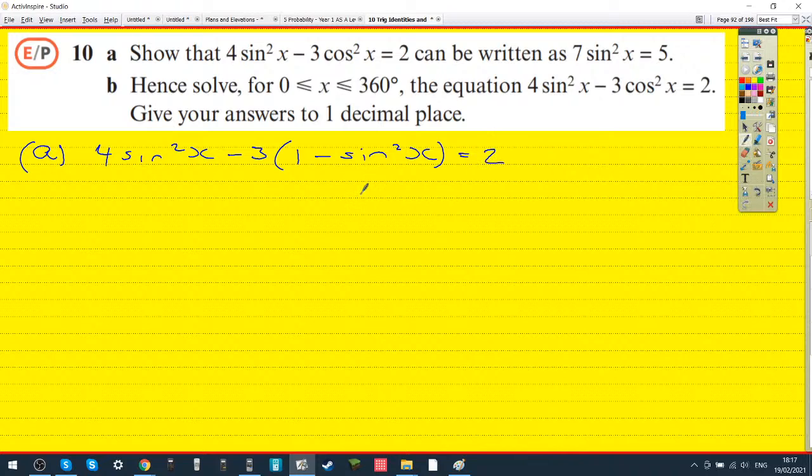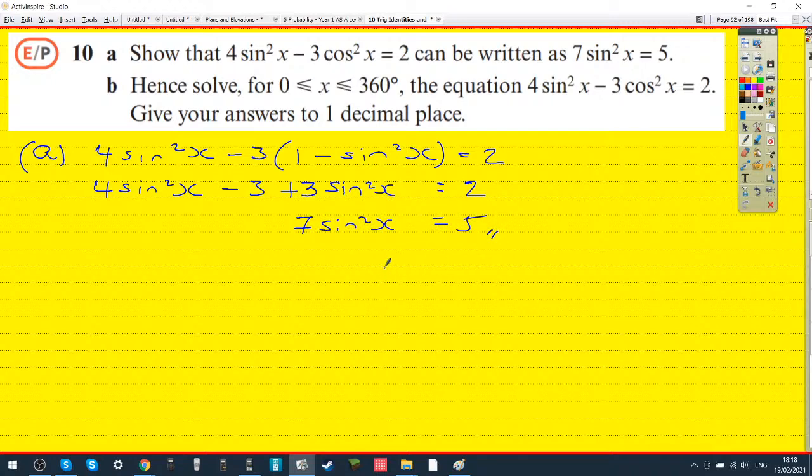And then from there on, 4 sine squared x minus 3 plus sine squared x. Well done. Oh yeah, 3 sine squared x. And then 7 sine squared x equals 5, plus 3 on both sides. Yeah, I think at that stage you could write it.